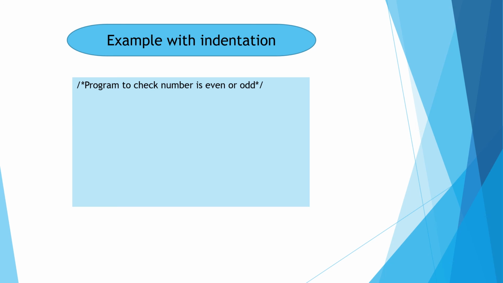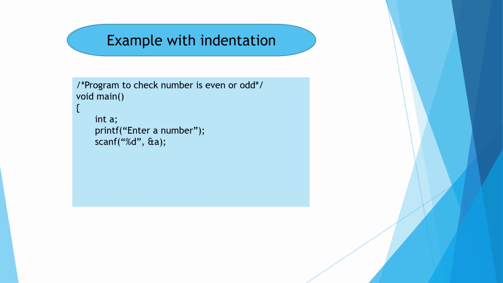Now, the next is we start with the main function, void main, and these curly braces indicate the beginning of this function. Okay. Now after this, we give a tab or 7 to 8 spaces, and then we start to write the instructions.